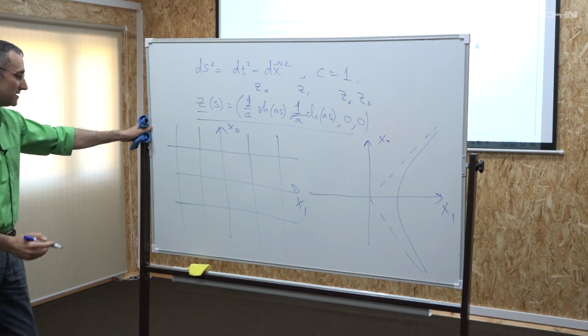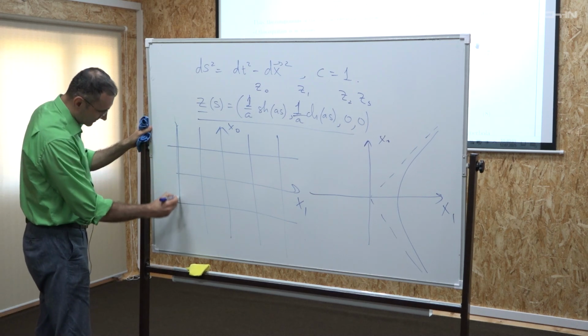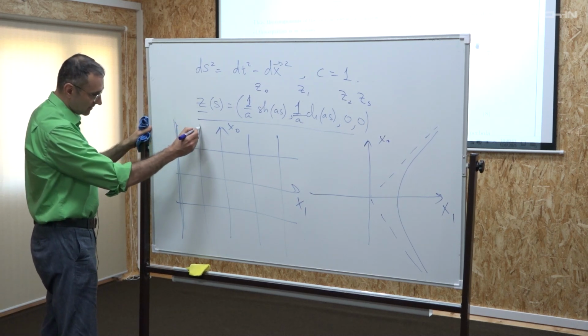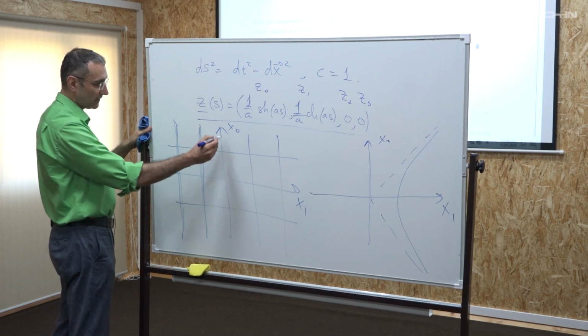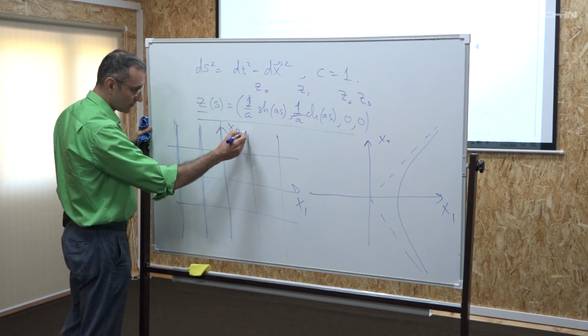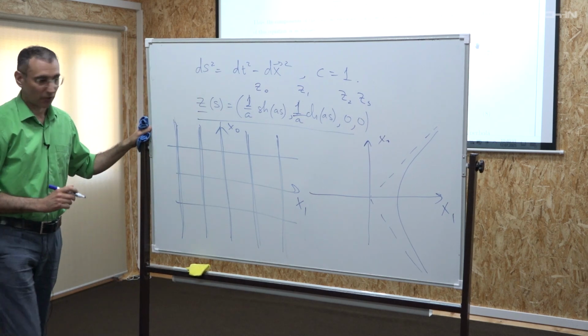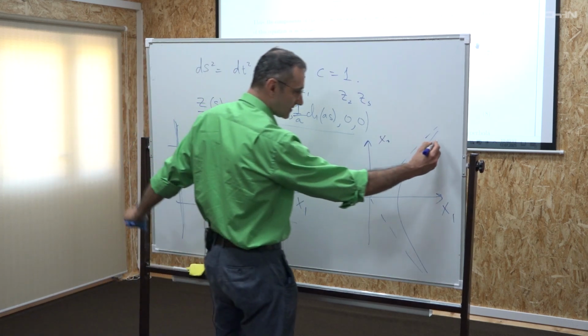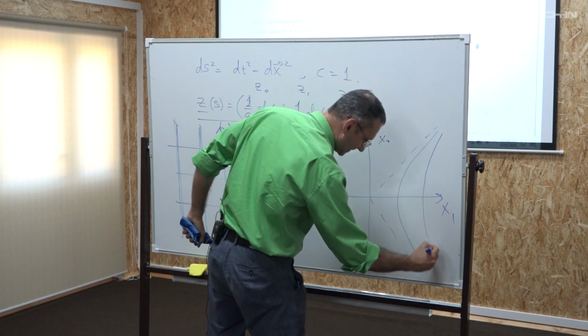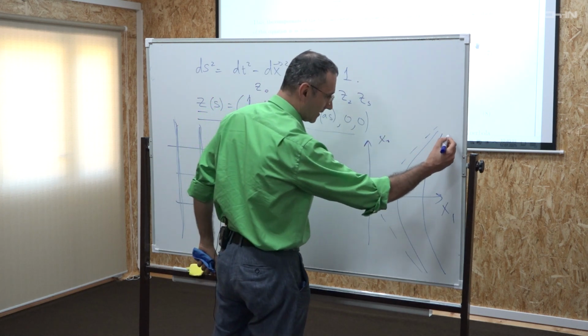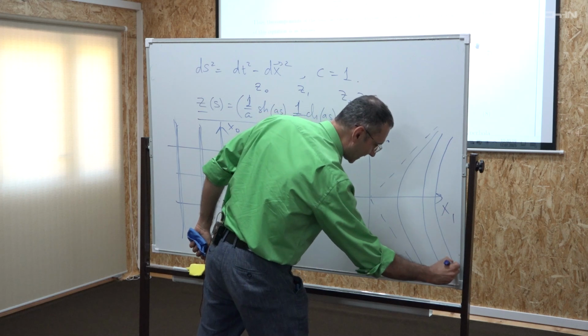It's very easy to understand what these lines are. These lines are nothing but world lines of particles which are static in space. So I want to draw a coordinate system which is static in this. These are the lines of the accelerating observers.